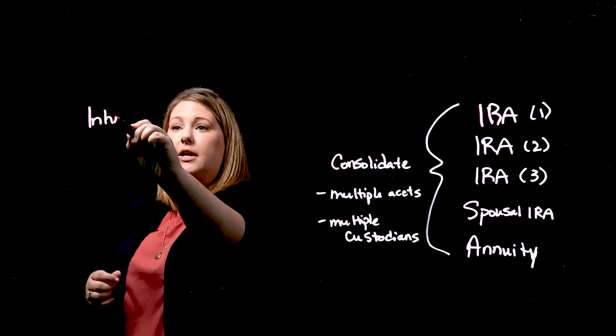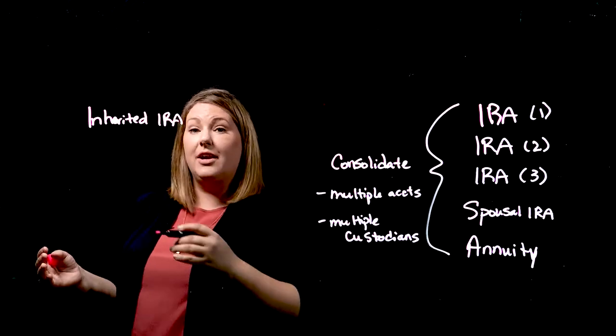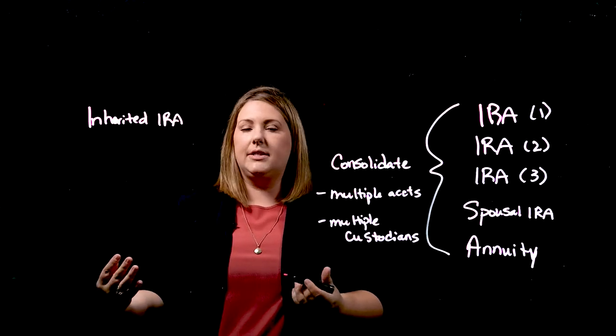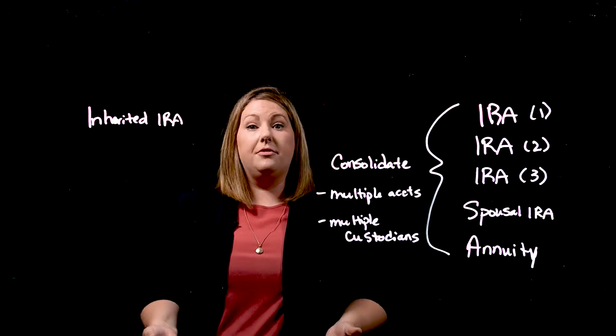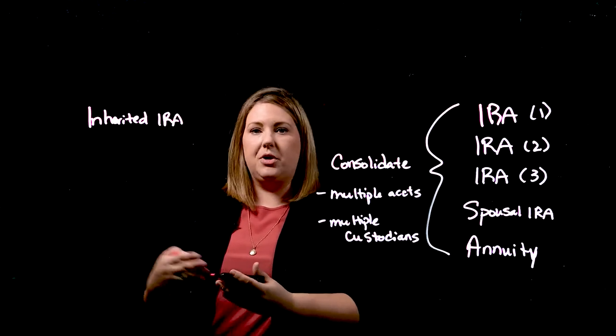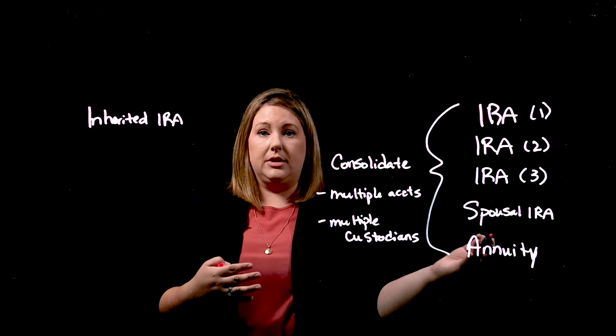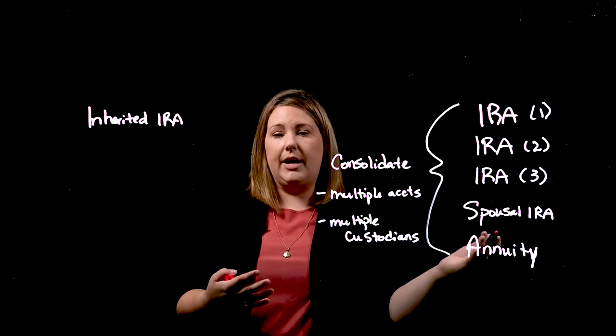So an inherited IRA is an IRA that you have inherited, maybe from your parents, maybe from a friend or some other family member, and that person has passed away, so you've now inherited it, and it's someone other than your spouse. This uses a different table factor than if you were using one for the spousal IRA.